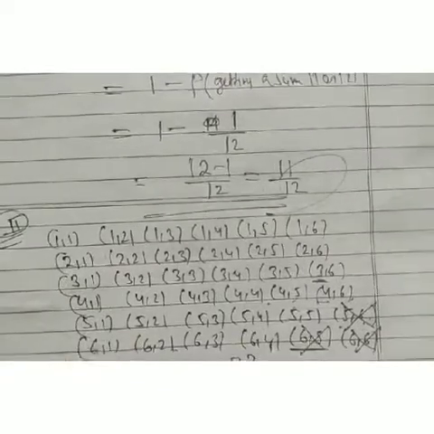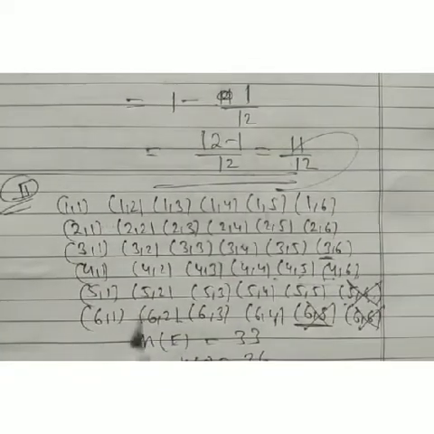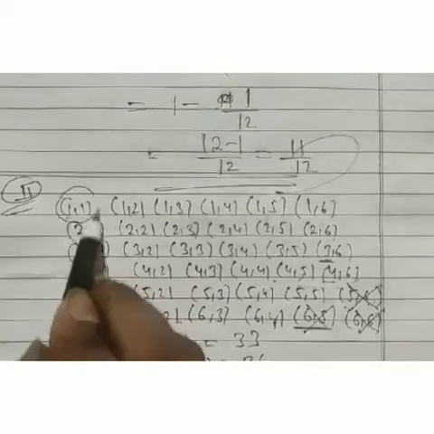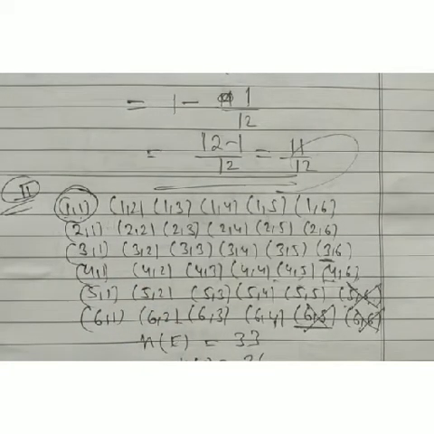Look, we have already written such pairs in our last example. The product of 1 and 1 is 1, a perfect square, so we take this as favorable.